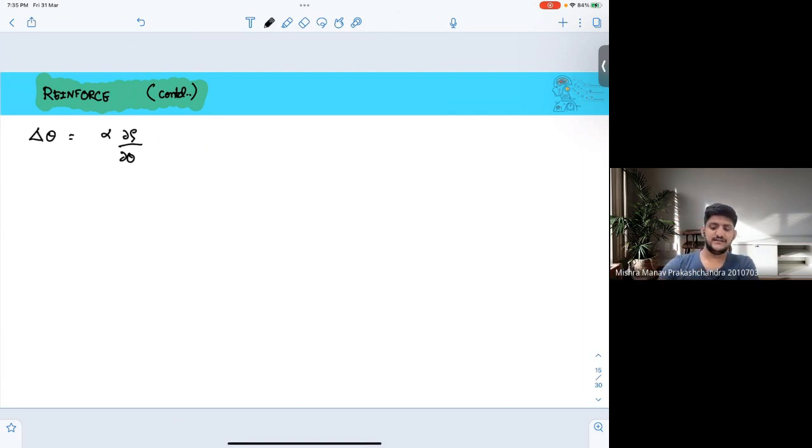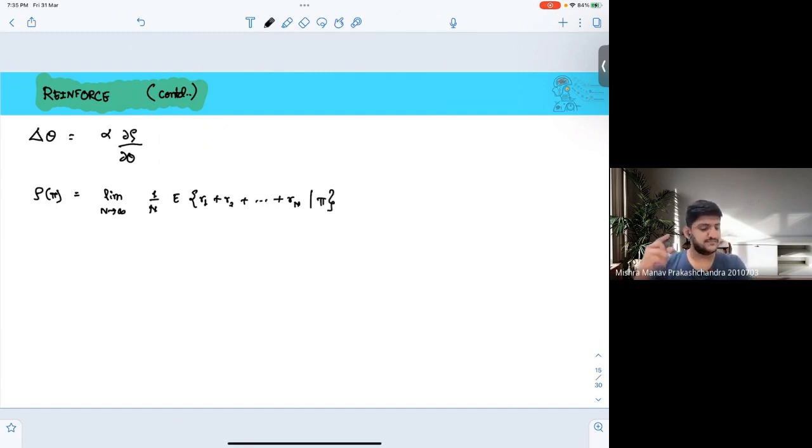Okay, so here I defined my theta update to be alpha times d rho by d theta, where my rho of pi, or rho pi, is simply the limit as n tends to infinity of 1 by n times the expectation of the sum over all the rewards, given I'm following policy pi.